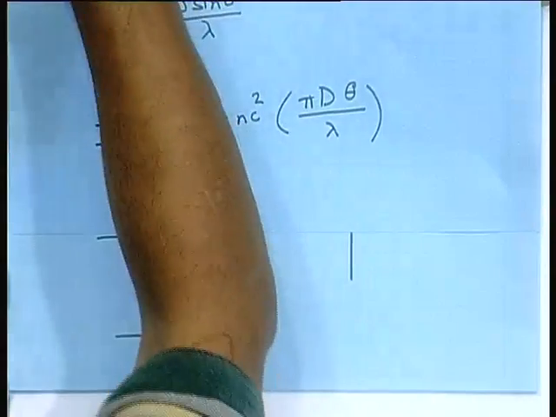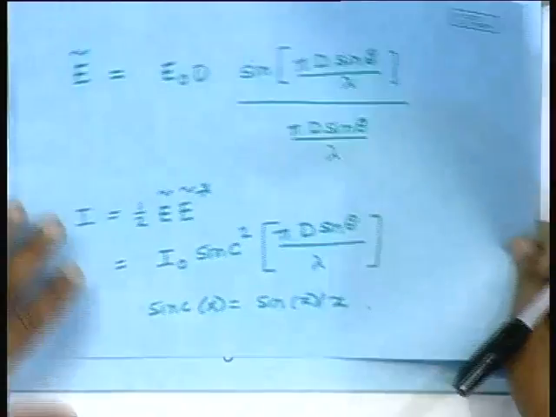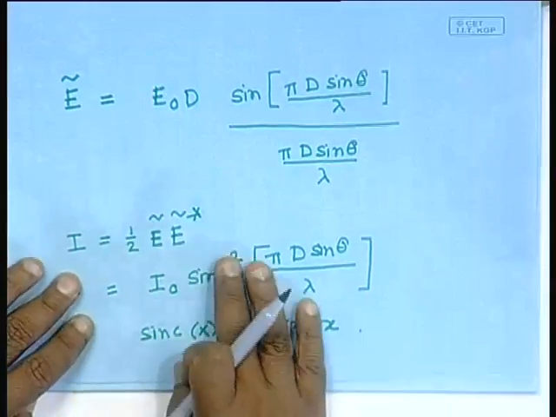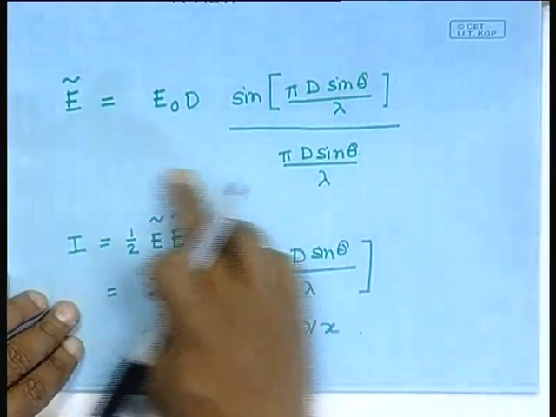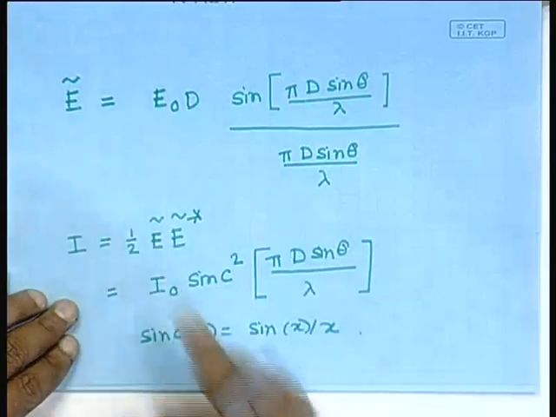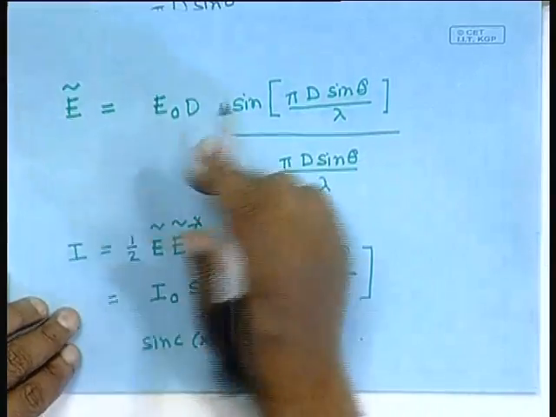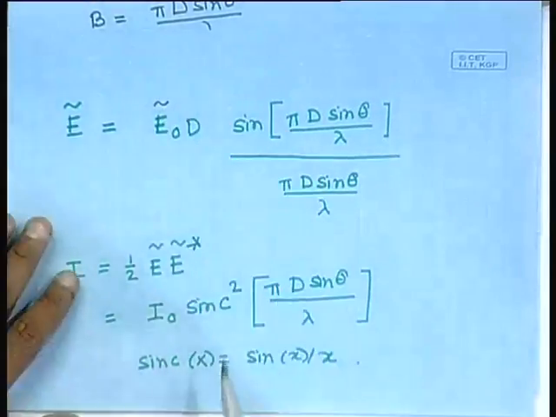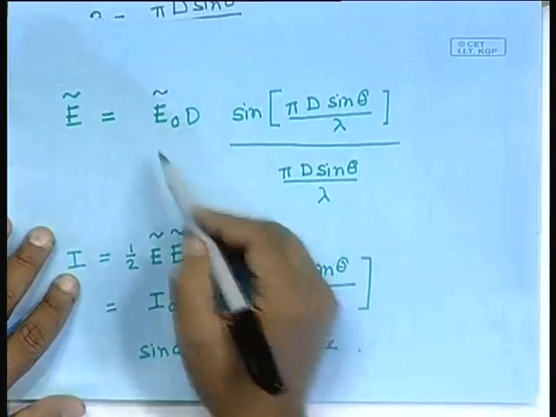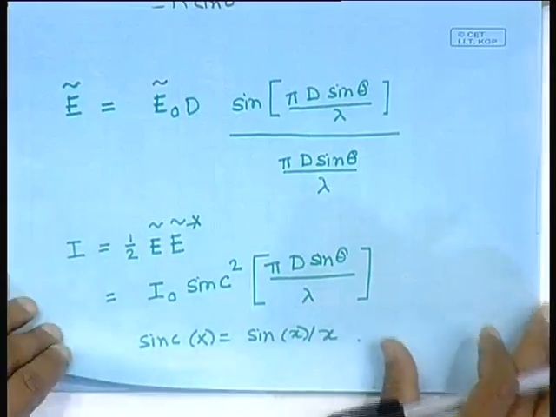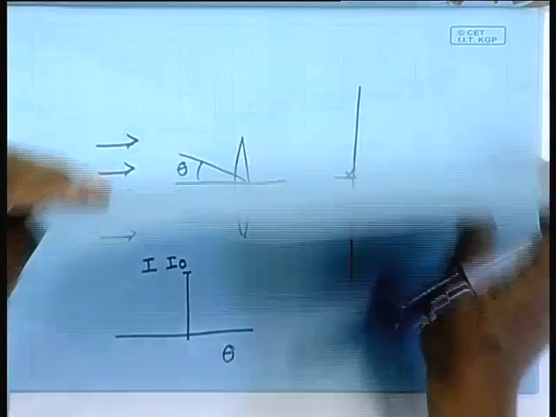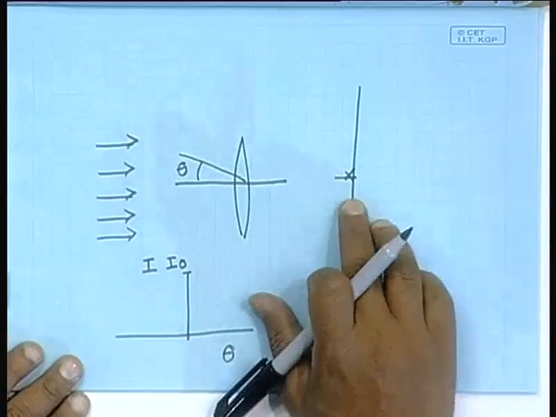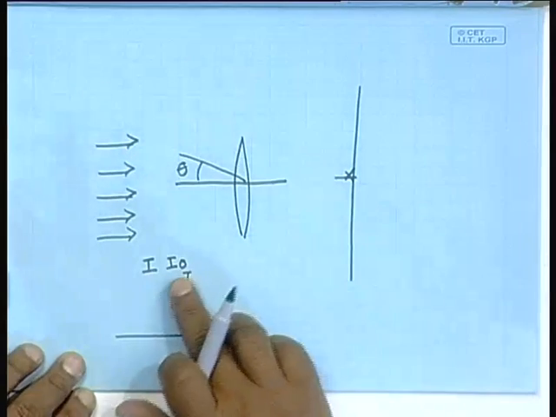When I calculate the intensity, I have to take this formula, take its complex conjugate and multiply it with itself. This is real except for the term E0 here. So, whatever constant term I get outside, I call that I naught. It is an overall constant, and at the center the intensity that you are going to get is this constant I naught.